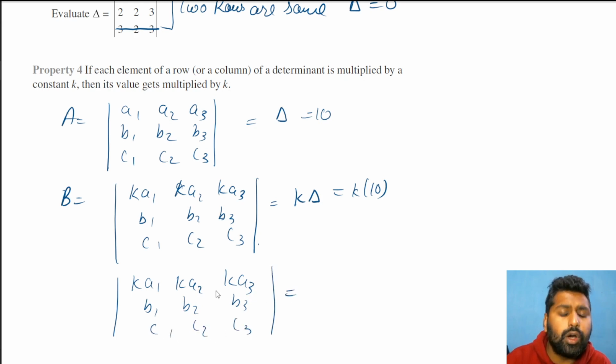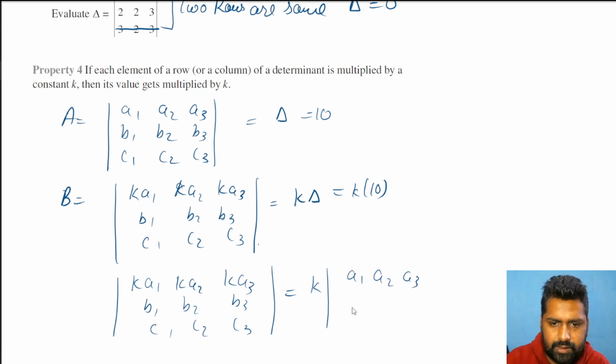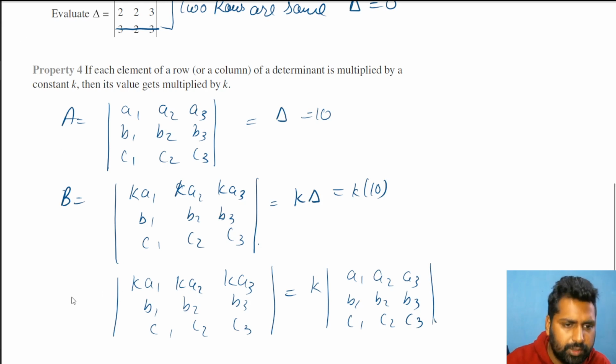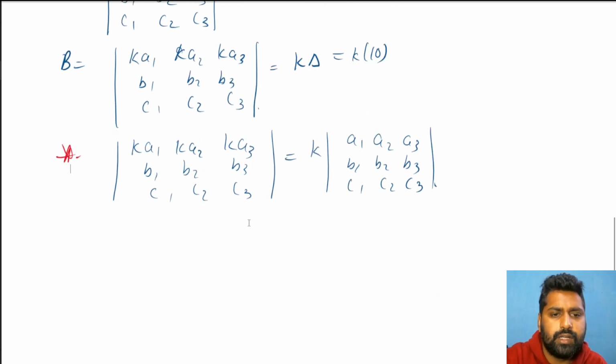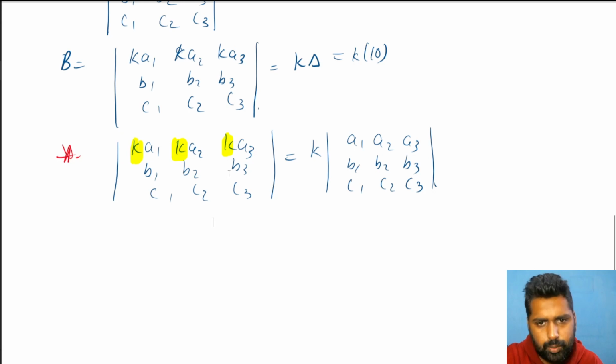If any row or column is multiplied by some k, what you can do is take k common and solve the remaining determinant: A1, A2, A3, B1, B2, B3, C1, C2, C3. This is how we are actually going to use it. If any row has a common factor, we can take it outside the determinant, but it has to be along the whole row or along the whole column. We can take k outside from one row.